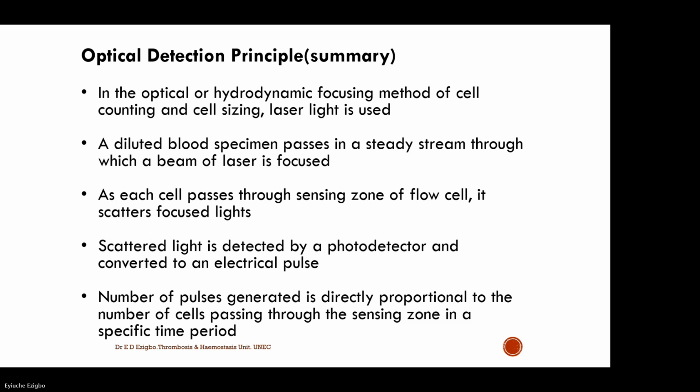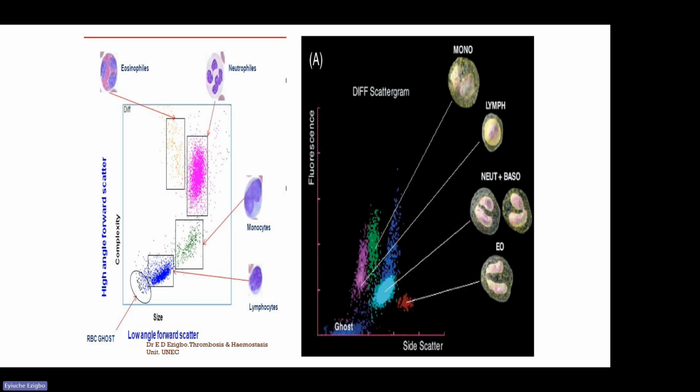So when you look at this diagram, you can see the output of this process, how it is able to analyze the blood cells based on their internal complexity, based on how they refract or reflect or diffract. You can see here the population, they have a red blood cell ghost. This is where they will stay. You can see the lymphocytes, how they reflect the light and also pick up the stains.